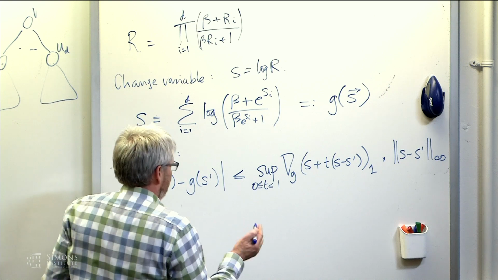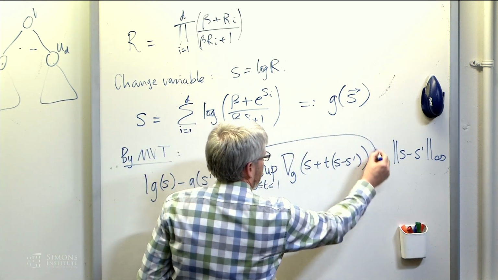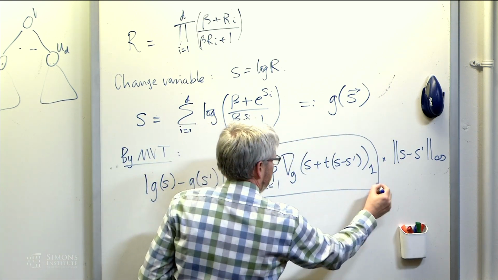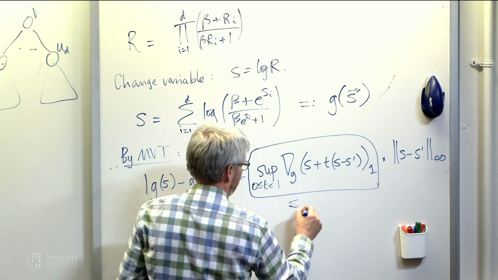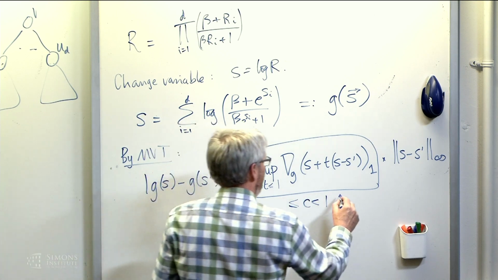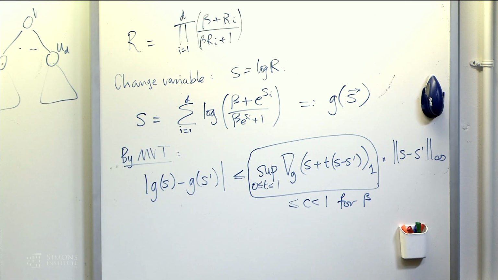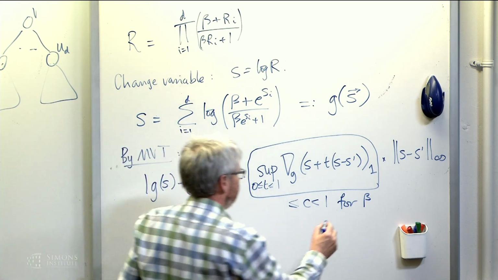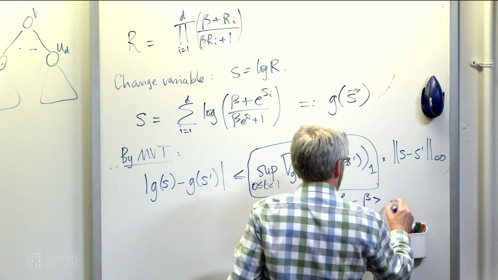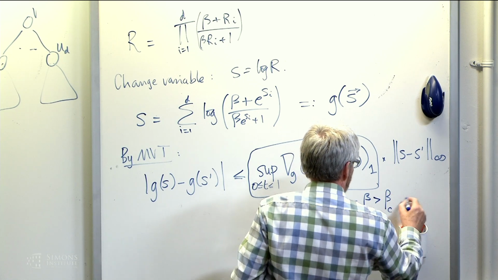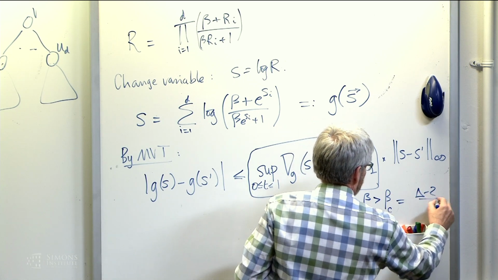So the main calculation is to show that this is less than or equal to C, which is less than 1, provided beta is in the desired range, so beta is greater than beta critical, which is delta minus 2 over delta.